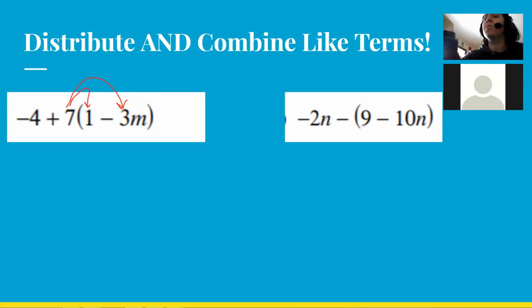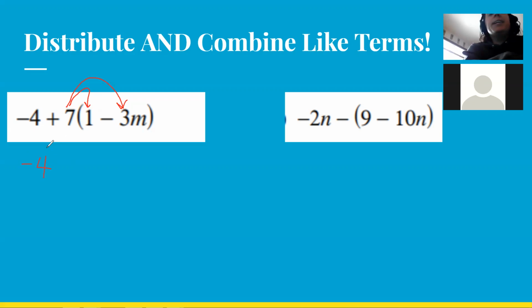I mean, I suppose there's only one thing to do, right? If we distribute the 7, we would bring that -4. Oh, yeah, Audrey, that makes sense. So we would bring that -4 down.